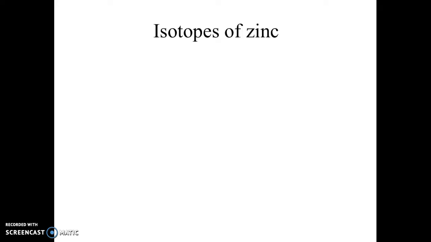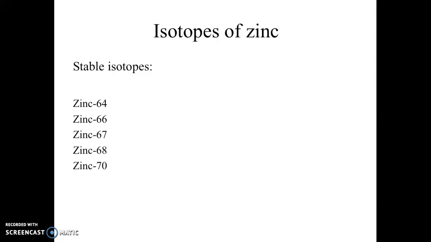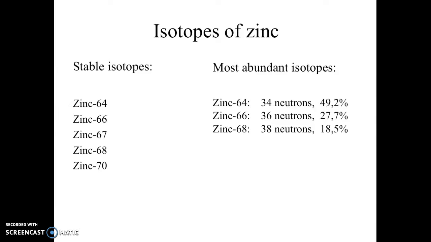Naturally occurring zinc is composed of 5 stable isotopes: zinc 64, zinc 66, zinc 67, zinc 68, and zinc 70. Zinc 64 is the most abundant isotope and has 34 neutrons and an abundance of 94.2%.